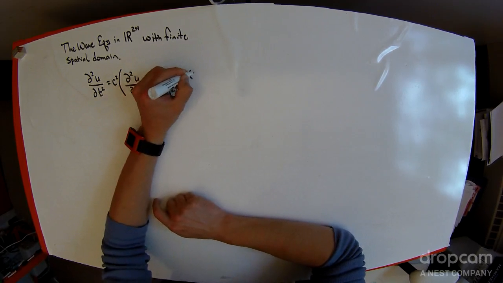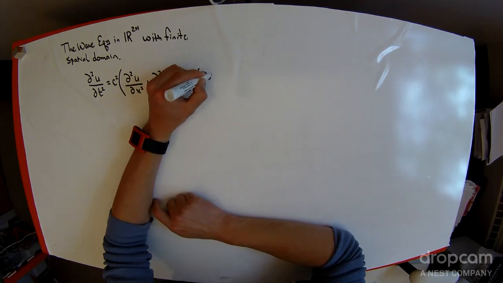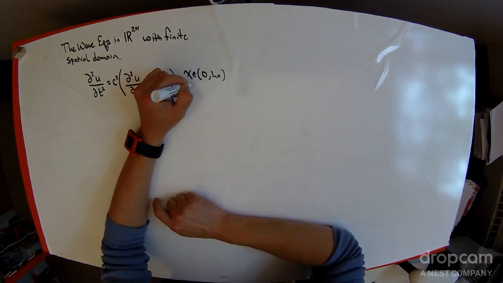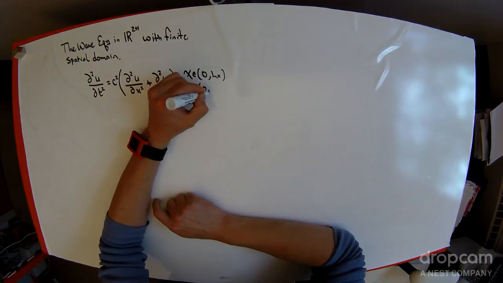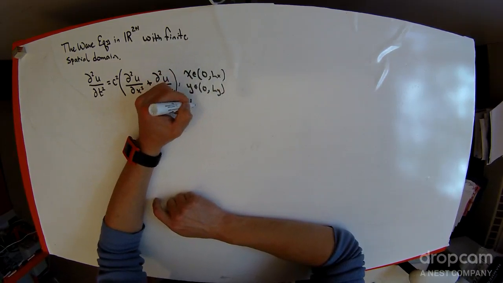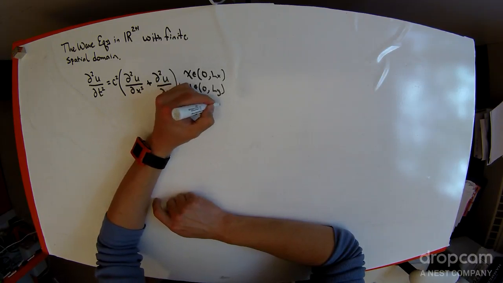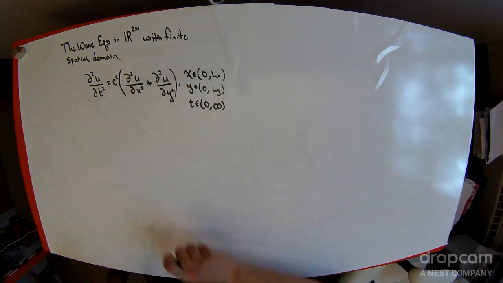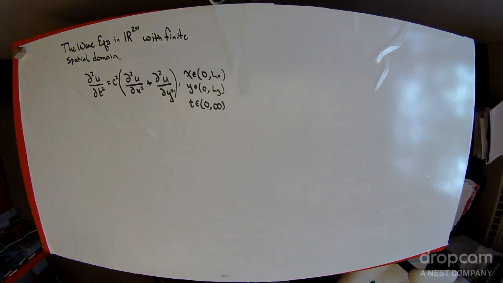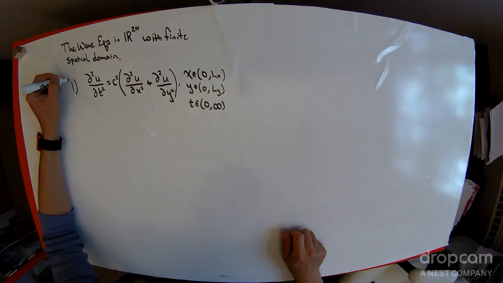So that means that x could be from, say, 0 to L sub x, and y could be from 0 to L sub y, and t could go from 0 to infinity. We'll call this equation 1.